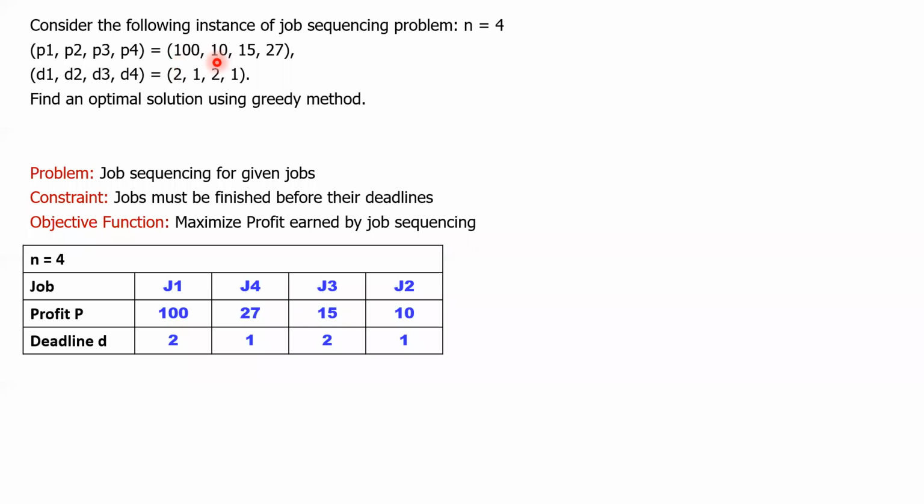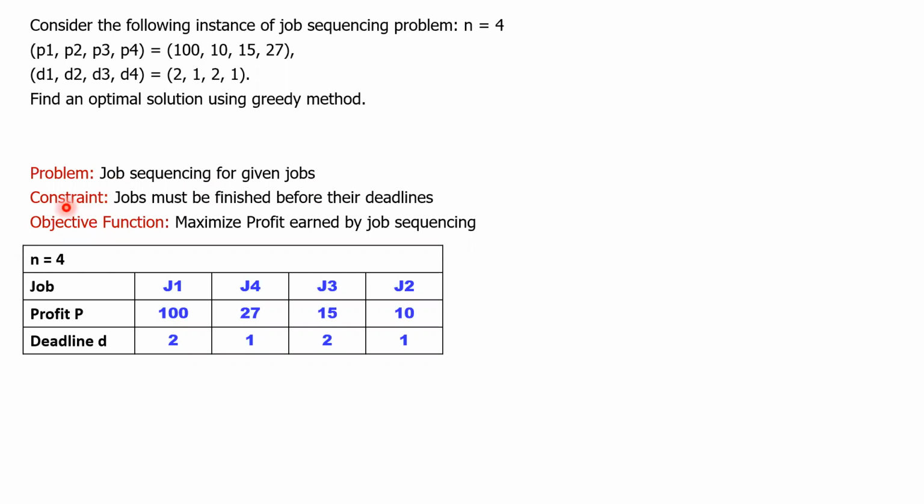Now job J2 has a profit of 10 and a deadline of 1. That means job J2 must be completed before first time unit, then you will be able to earn the profit of 10. So as such, I have 4 jobs which have to be completed in these given deadlines. Okay, so now defining the problem. The problem is job sequencing with deadlines for the given set of jobs.